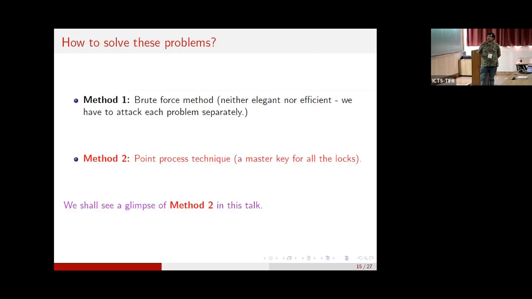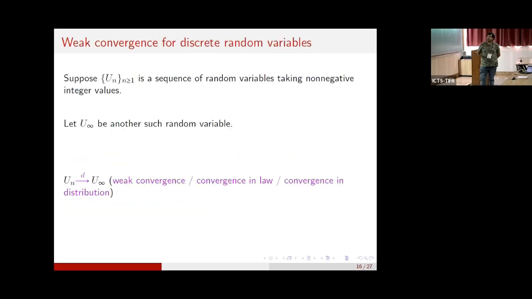Before I say, I just want to quickly recall what I call weak convergence or convergence in distribution. So here I'm only going to consider random variables which are discrete, taking non-negative integer values, and then I'll have a limit which is also going to be of the same kind of random variables.